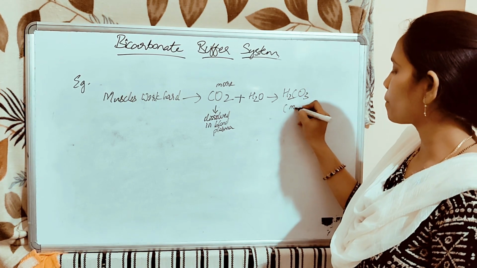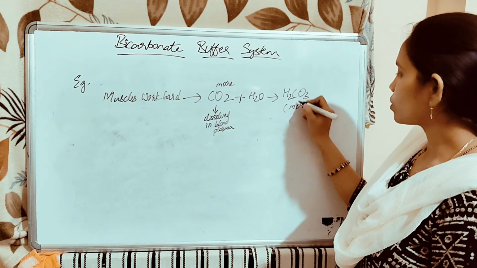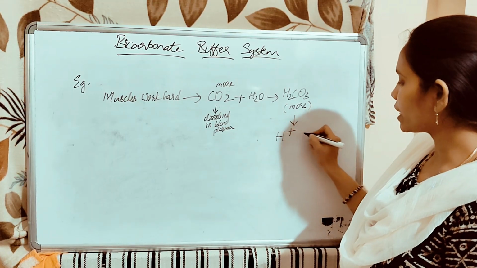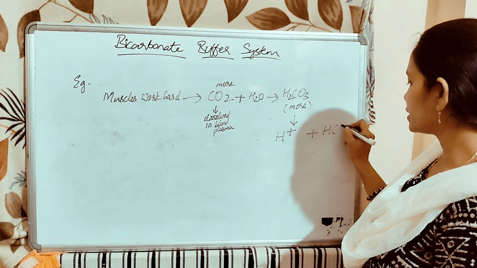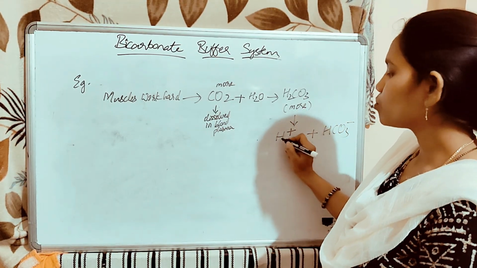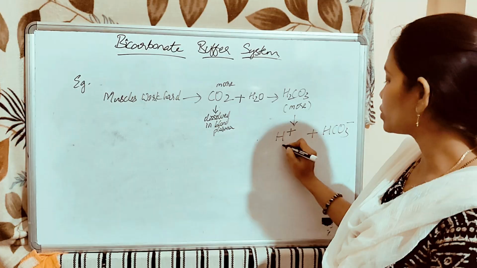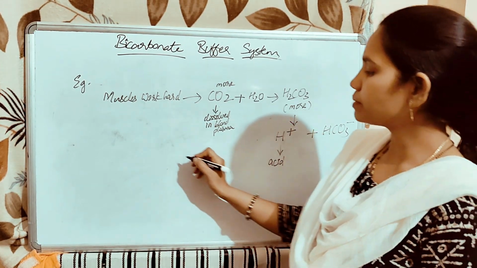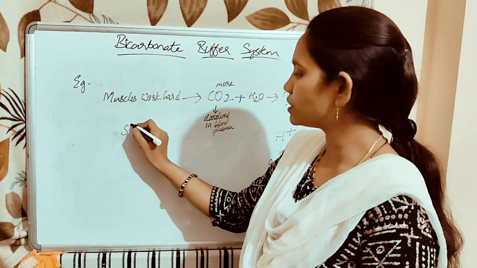Again it is also more. Now this carbonic acid dissociates into H plus and bicarbonate ions. More H plus ions are formed, which means the blood becomes slightly acidic.